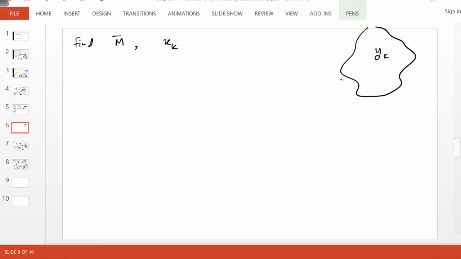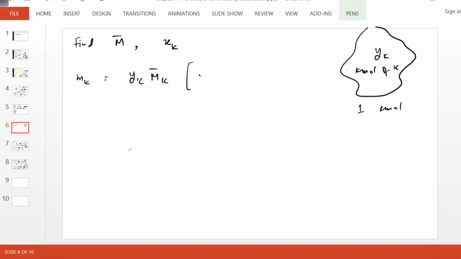So we start with 1 kilomole of the mixture, and we recognize that it has yk kilomole of k in it. So the partial mass of component k in this mixture, mk, is given by yk times the molar mass of k.